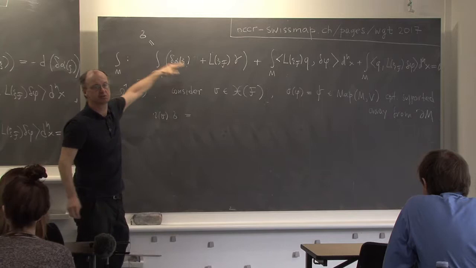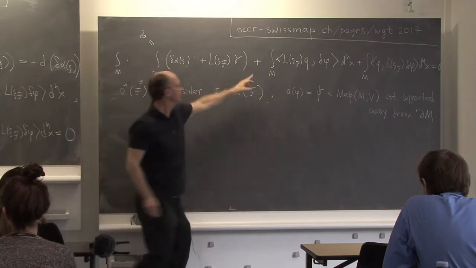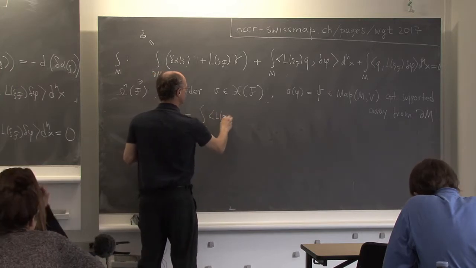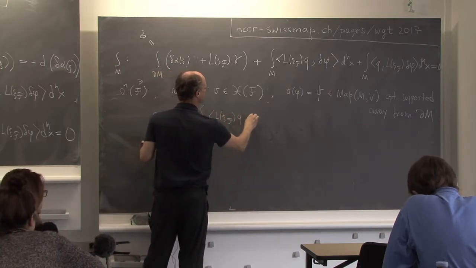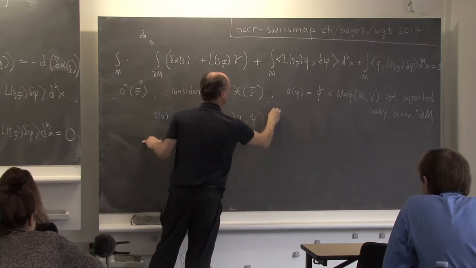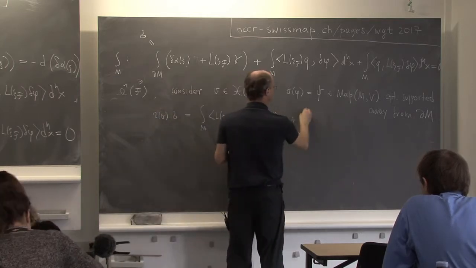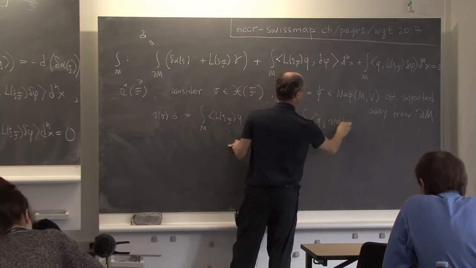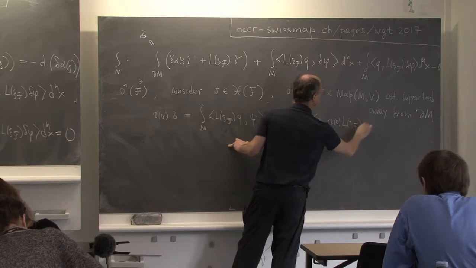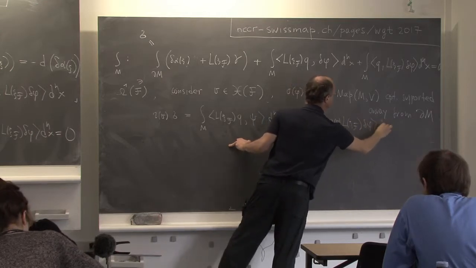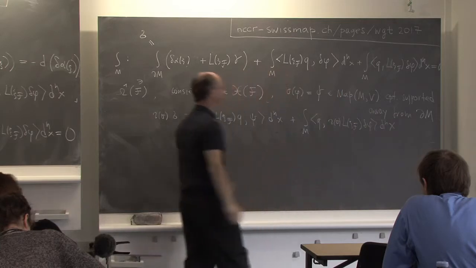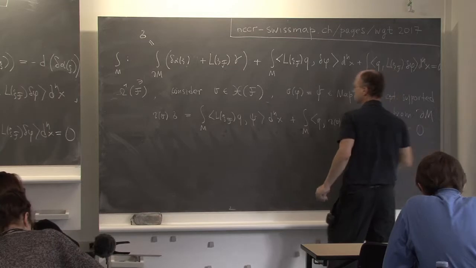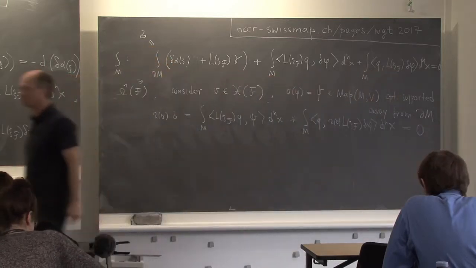It will not see it. Now there will be this term, L of psi f q psi dnx, plus this term, iota v L. And this is equal to 0, right? Because sigma was equal to 0 to start with.